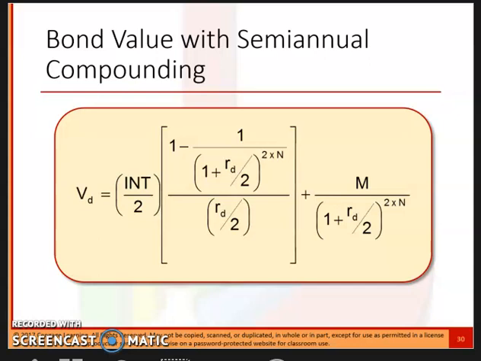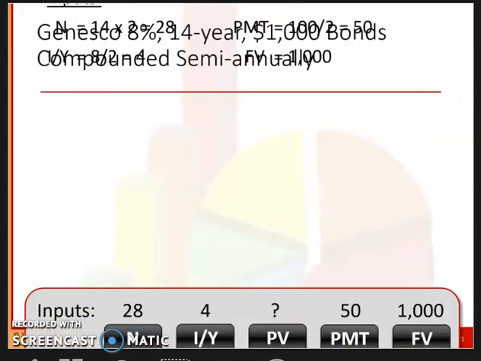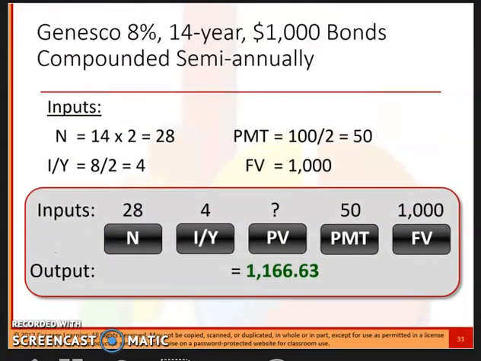So we're going to see an example of this same bond, but the yield is now 8%. We're 14 years to maturity. We're going to calculate semi-annually. So our N is 14 times 2, so that's 28.